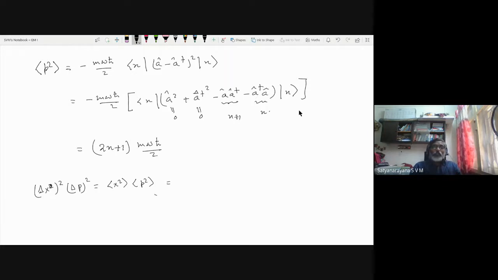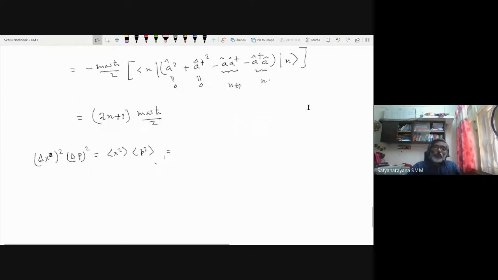So that is equal to (2n+1) ħ/2mω times (2n+1) mωħ/2. So mω will cancel, leaving ħ² and 4.